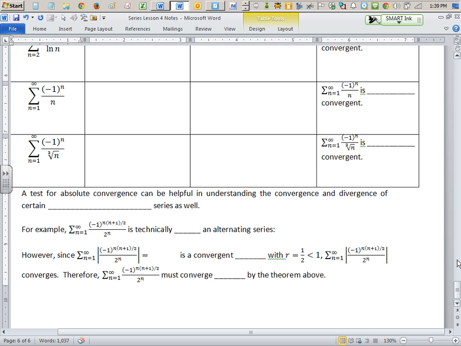Okay, so this one, sigma n equals 1 to infinity, negative 1 to the n times 1 over n to the 1/3. This converges by the AST, but it diverges without that alternator because it's a p-series where p is less than 1.